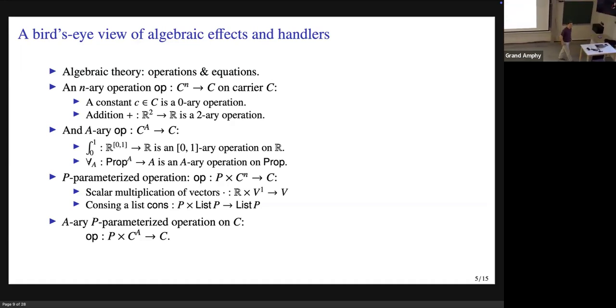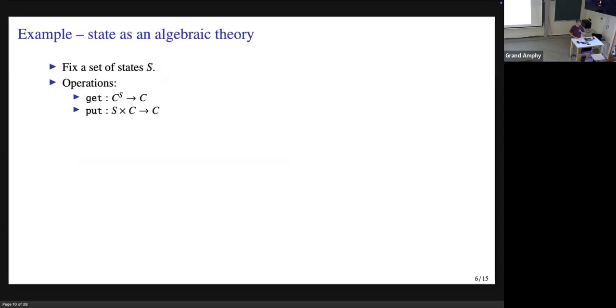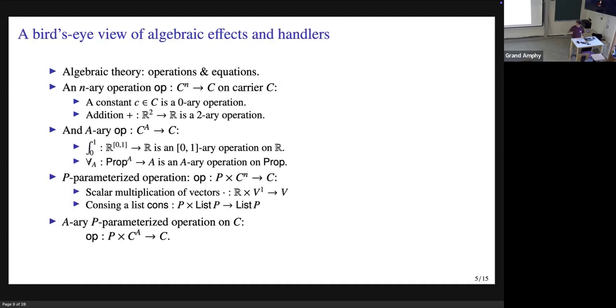So I hope this is okay. Okay, but now what I have is already enough to start expressing computational effects. So I'm going to go through one example of how you can now use such operations plus equations to express how a computational effect works.